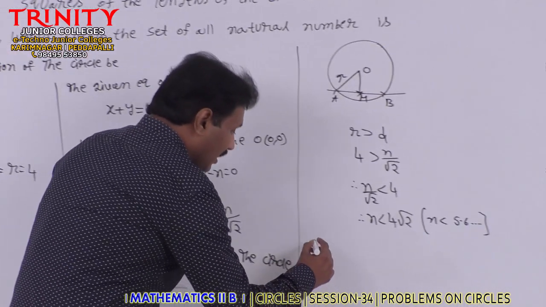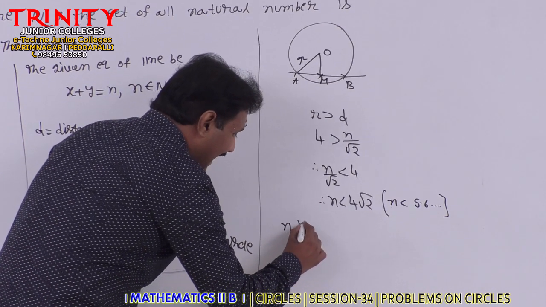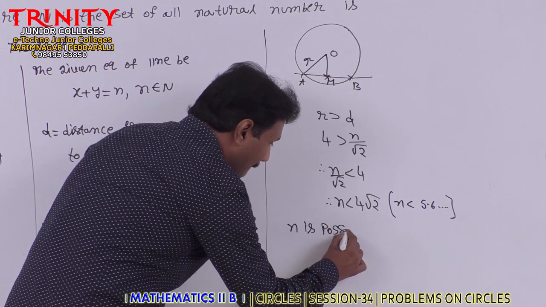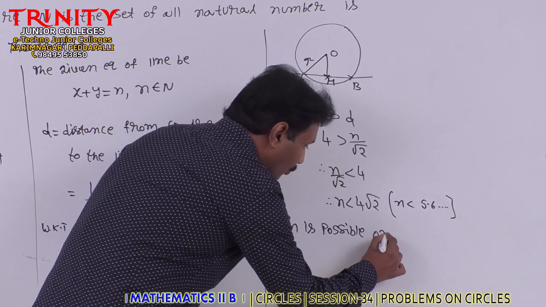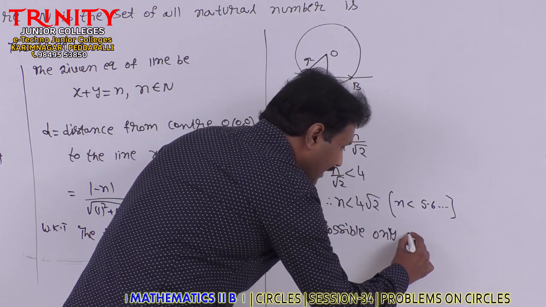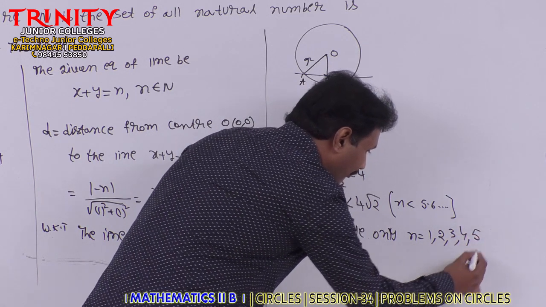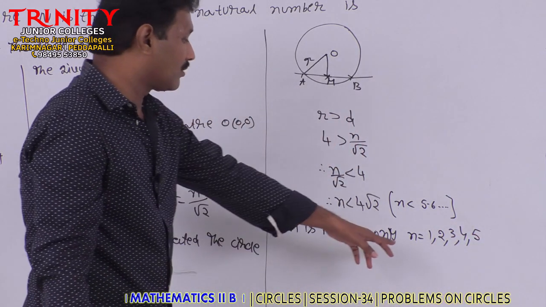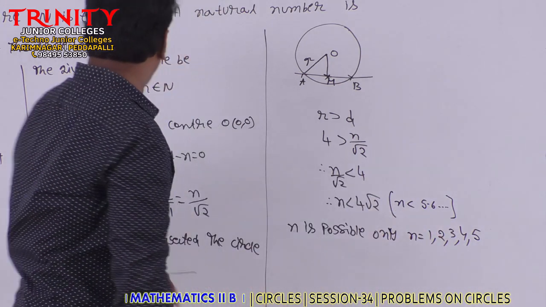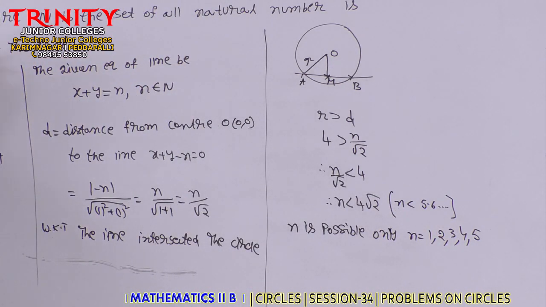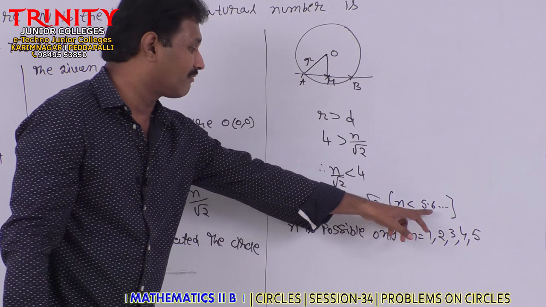Therefore, only n equal to 1, 2, 3, 4, 5 is possible, because n is a natural number and n is always less than 5.6.